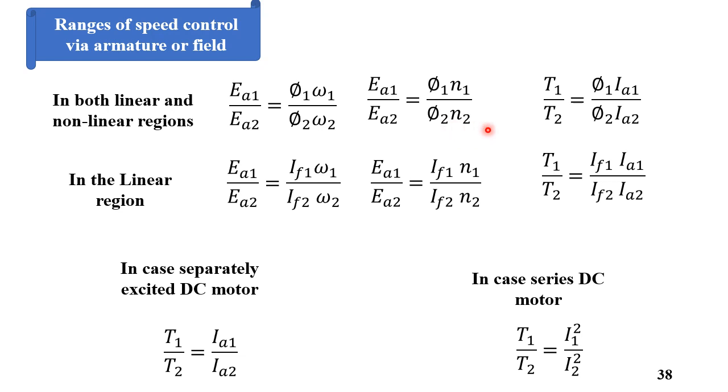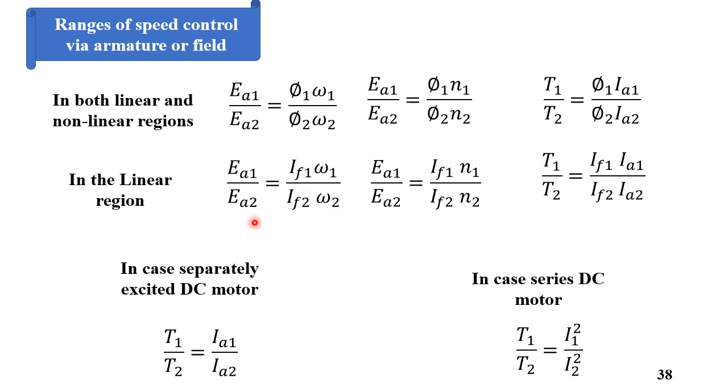For the torque, we have torque 1 over torque 2 equals phi 1 IA1 divided by phi 2 IA2. For the linear region, phi is directly proportional to IF. We can substitute phi with IF, so EA1 divided by EA2 equals IF1 omega 1 divided by IF2 omega 2.